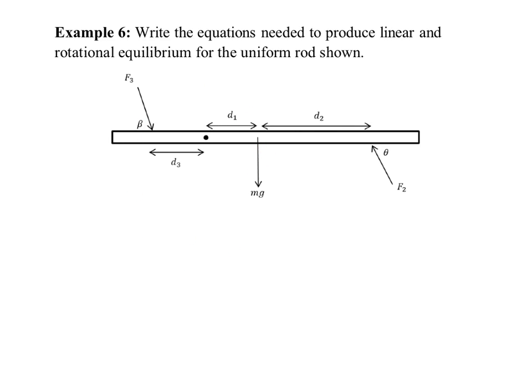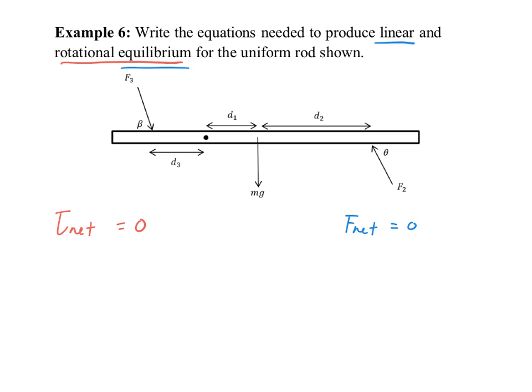So let's start with the equations needed to produce rotational equilibrium, then we'll get into linear equilibrium. So we're looking at some of the torques and some of the forces. We have to know that the net torque must be 0 for it to be in rotational equilibrium. And then we're going to say that the net force has to equal 0 for it to be in linear equilibrium.